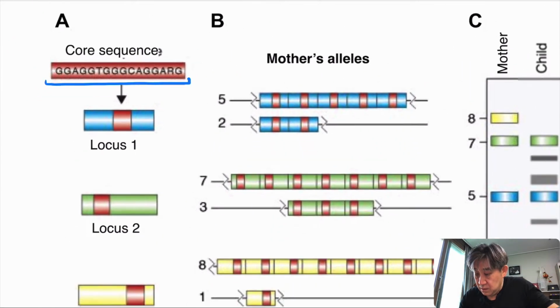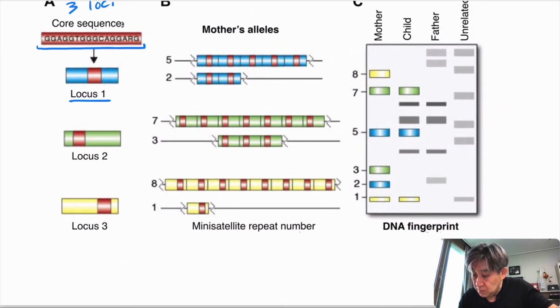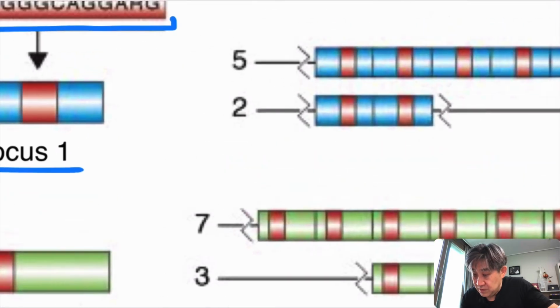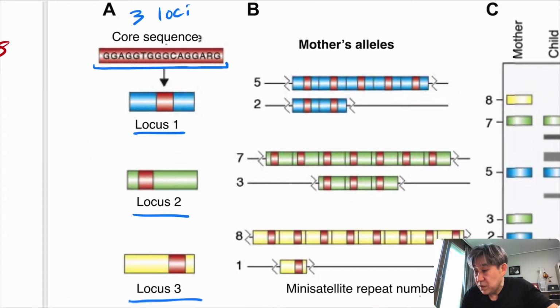Like here, three loci: locus 1 in one particular chromosome, locus 2 on another chromosome, and locus 3 on another chromosome. So there are three loci that have exactly the same sequence in repeats.